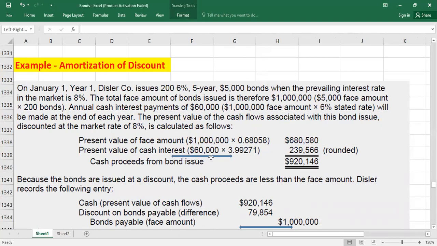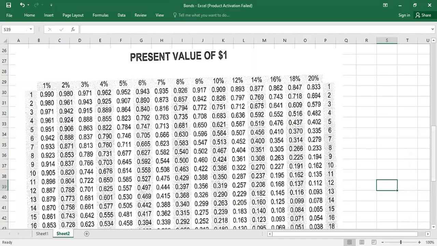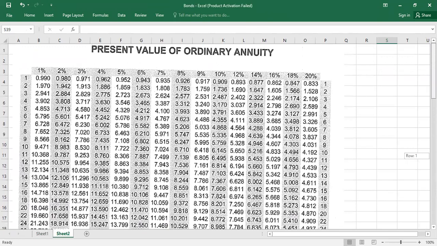I will put it here: 60,000 interest per annum multiplied by the annuity factor. If you have an idea about time value of money, whenever cash flows are constant for a defined time period, we can use the annuity factor to calculate the present value quickly. The annuity factor we can take from this table. You can look at here, it is called the present value of ordinary annuity.